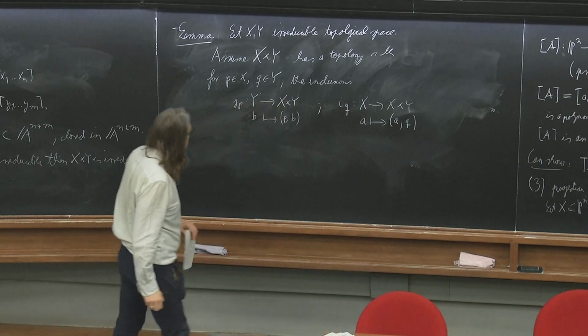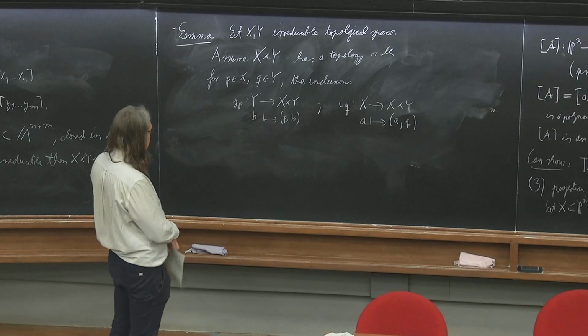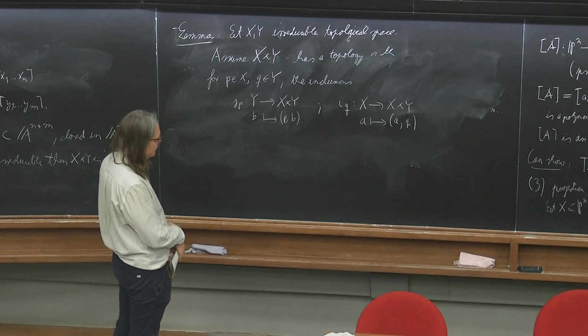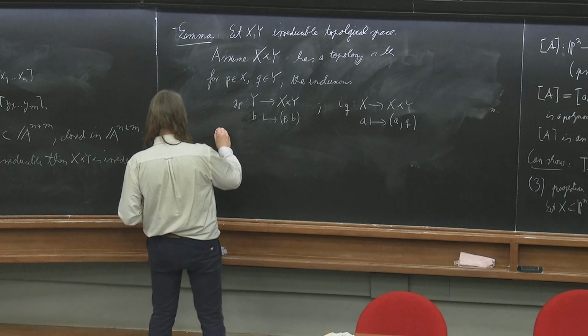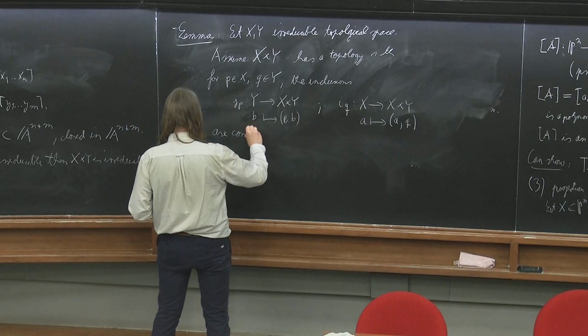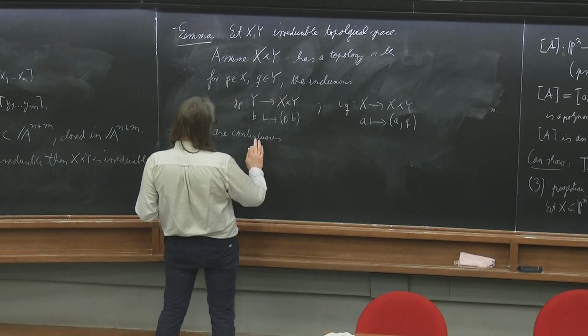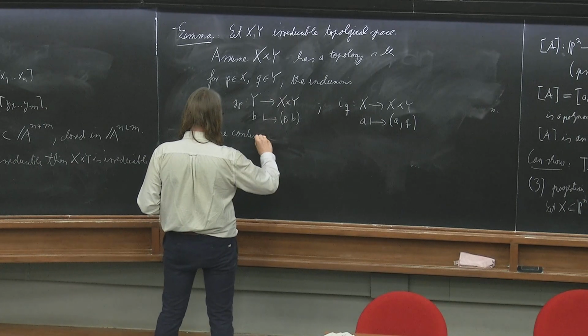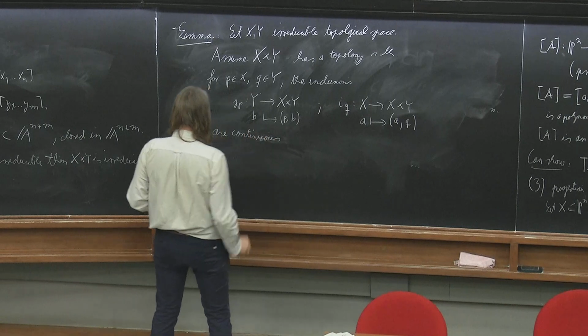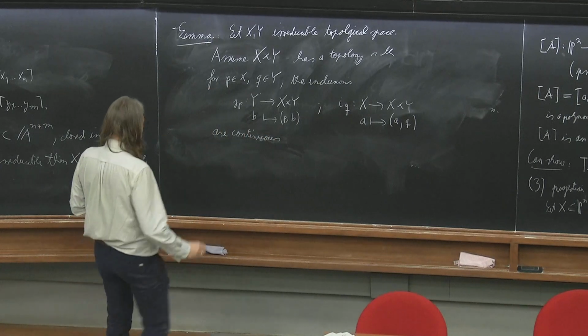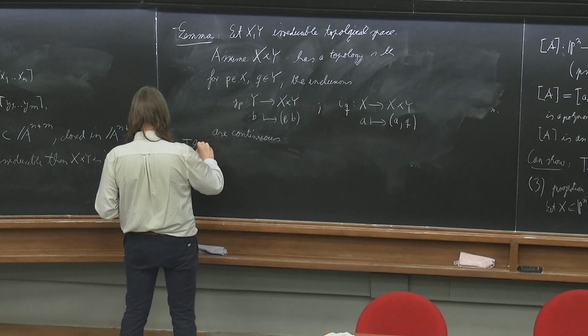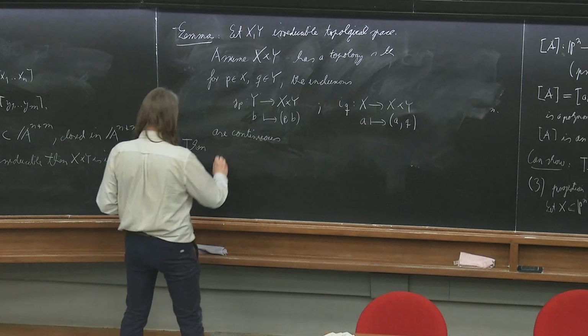And what I want is that, for all p in X and all q in Y, these are continuous. Then X times Y is irreducible.